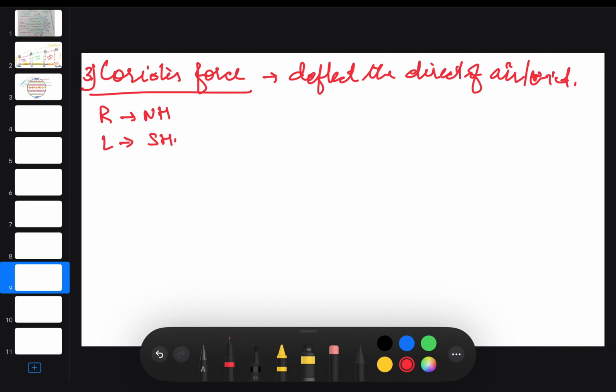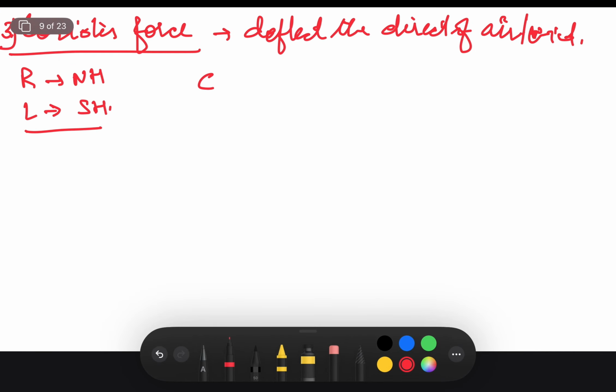So how will these forces affect? Now if we look at how these Coriolis forces are affecting: Coriolis force is equal to 2 times velocity and sin theta.